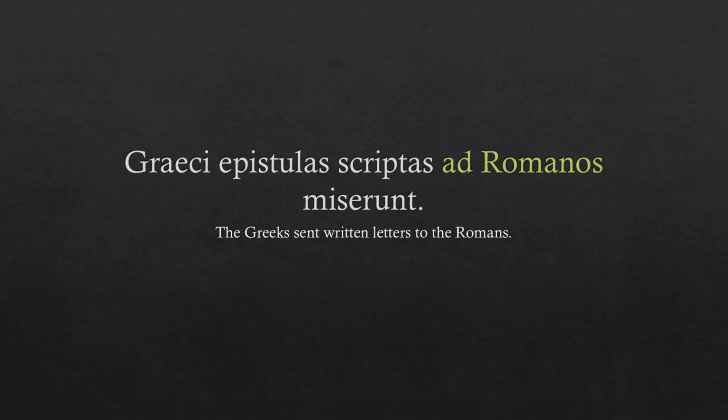Ad always takes its objects in the accusative case, so it is safe to assume that Romanos, a substantive adjective acting as a noun, is its accusative object. Although epistulas and scriptas are also accusative, word order and common sense indicate that they are more likely to be the accusative direct object of the main verb, miserunt.